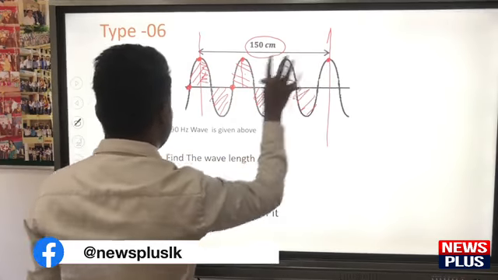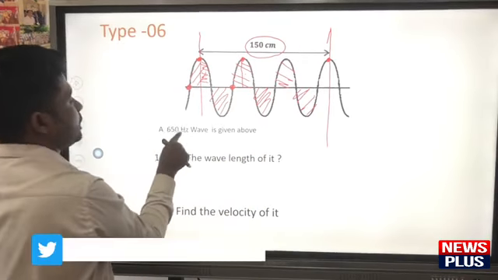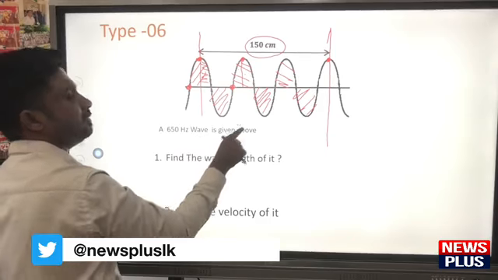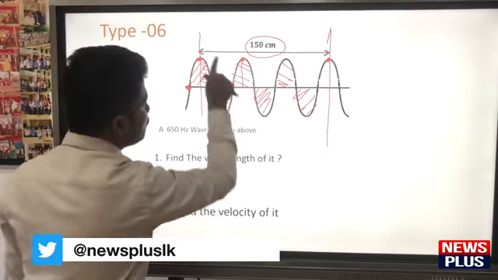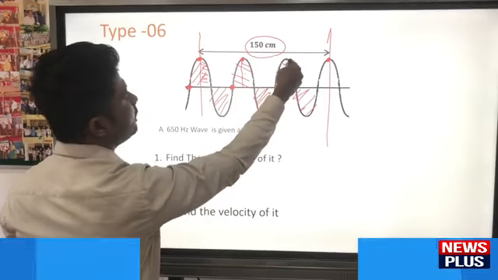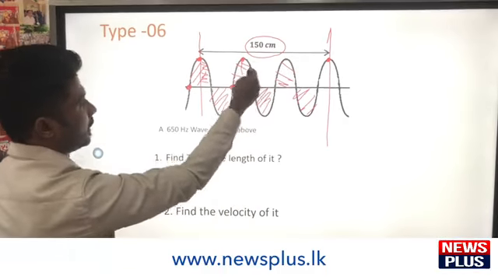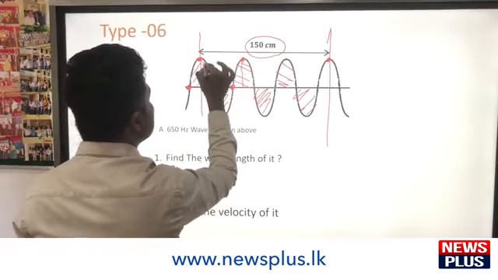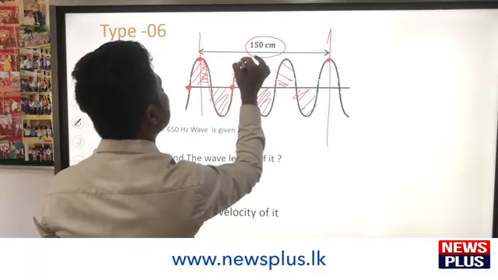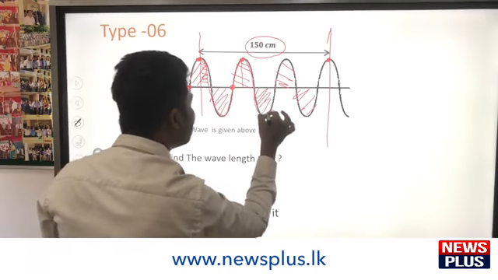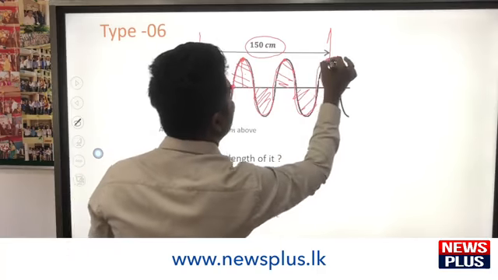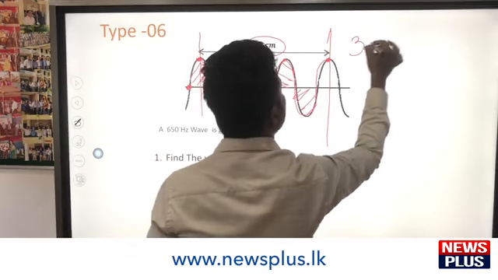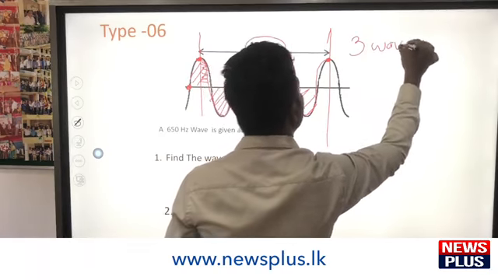The question asks: 650 Hertz waves are given above. Find the wavelength. You don't need to use that here. By observing this wave, you can easily find the answer. How many waves here? This is 1 wave, another wave 2, another wave, so 3 waves here.